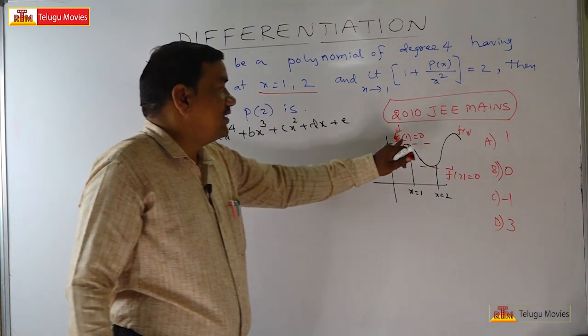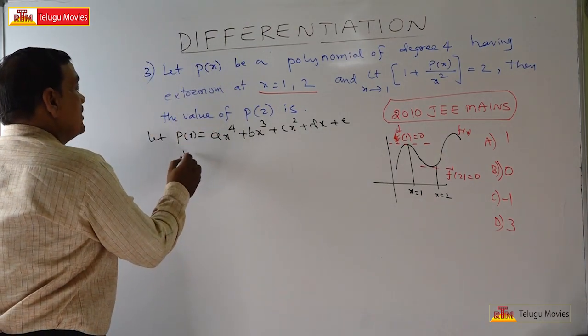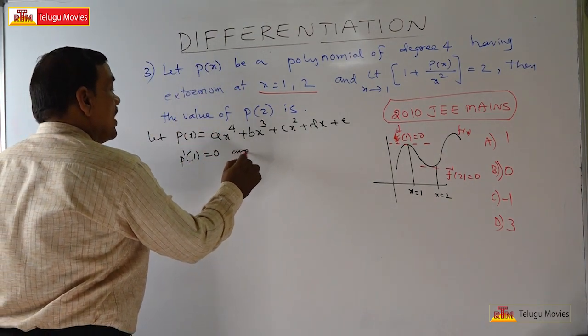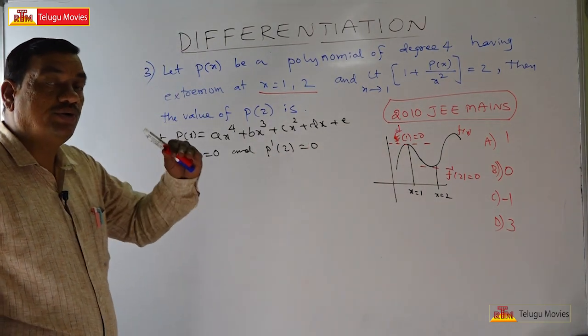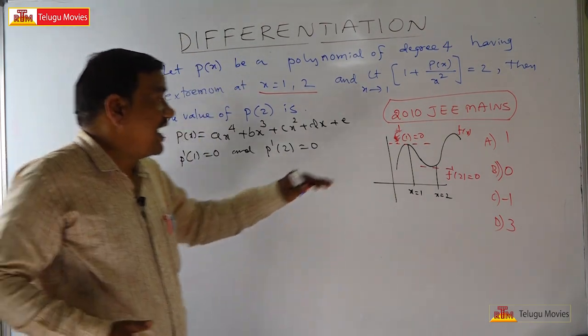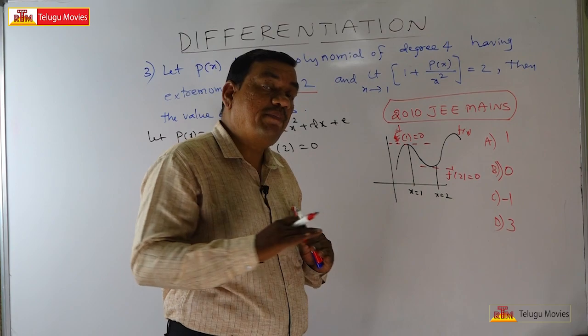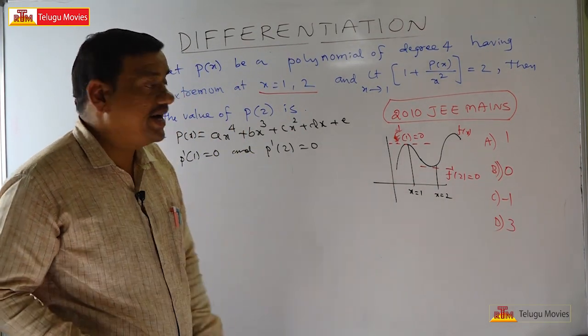First we have that it has an extremum at 1 and 2. That means p dash of 1 is equal to 0 and p dash of 2 is equal to 0. That means at 1 and 2 it has an extremum, maybe maximum or minimum. If you draw the tangent at those points, those tangents will be parallel to the x-axis. That's why p dash of 1 is equal to 0 and p dash of 2 is equal to 0.